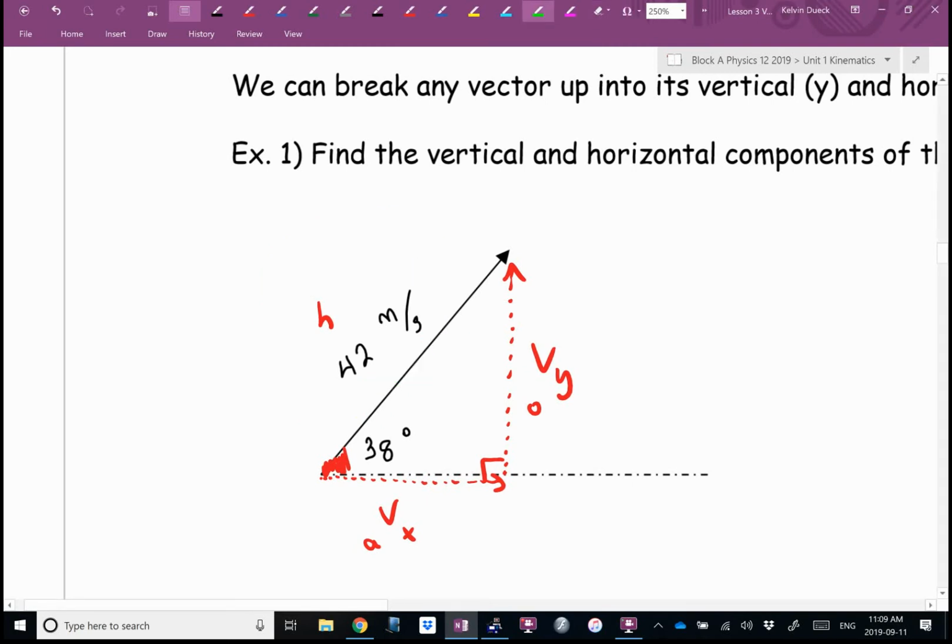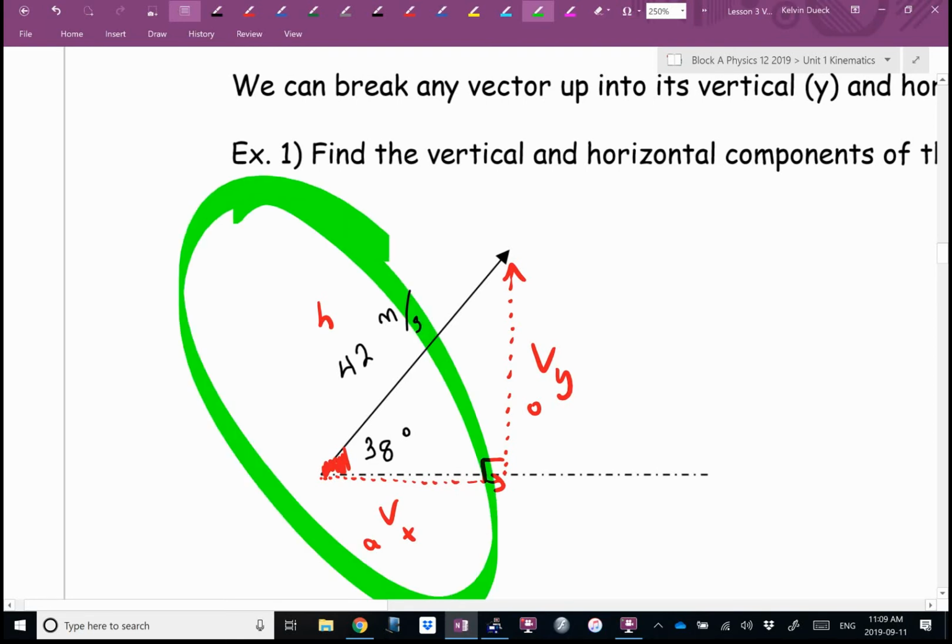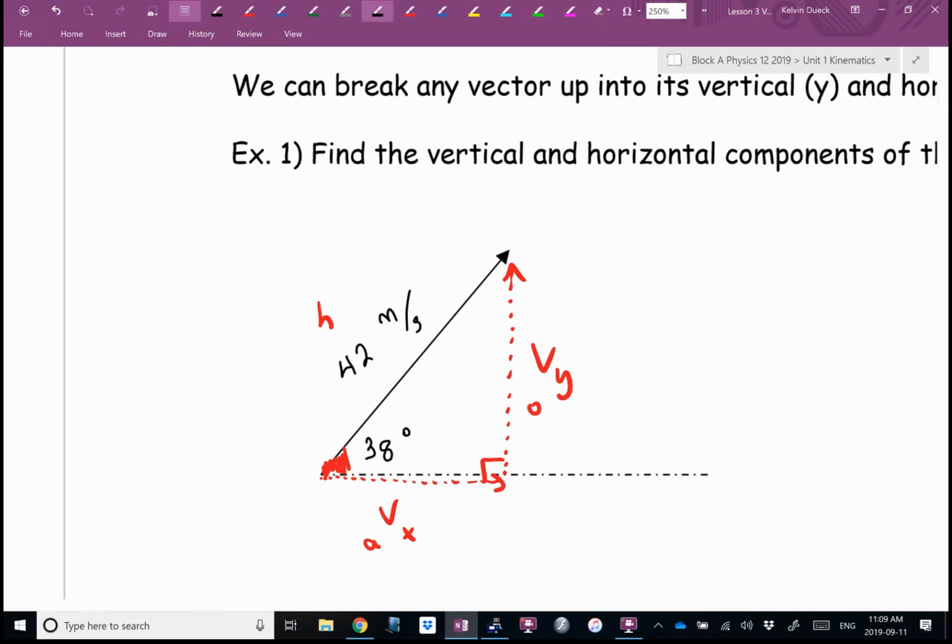Liam, what do you want to find first, Vx or Vy? Doesn't matter. Pick. Vx. That's going to be right there. Which trig function? Cos. So cos, what always goes next to the trig function? The angle, and this time I know it, 38 equals adjacent over hypotenuse.